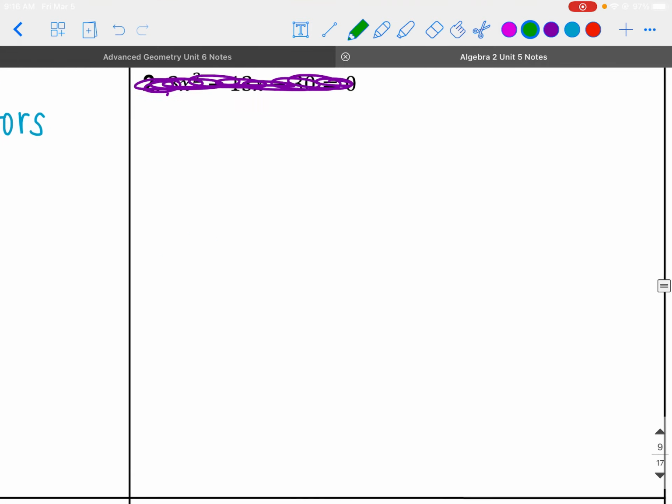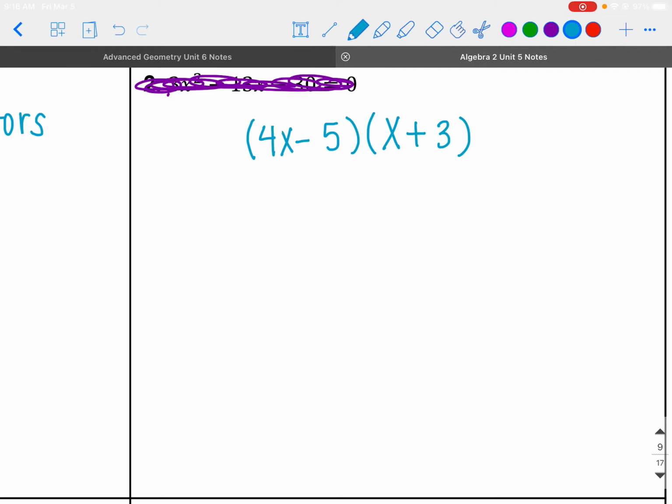So let's do another example. Let's say your factors are 4x minus 5 and x plus 3. Try this one. Pause your video and see if you can try it out. All right. So 4x minus 5 equals 0 and x plus 3 equals 0.